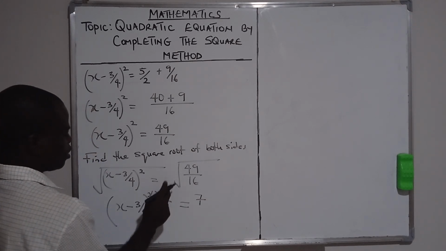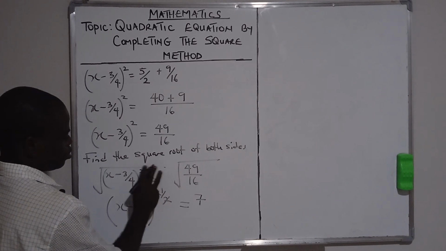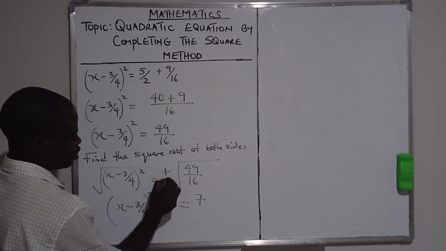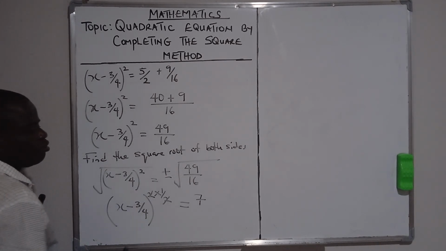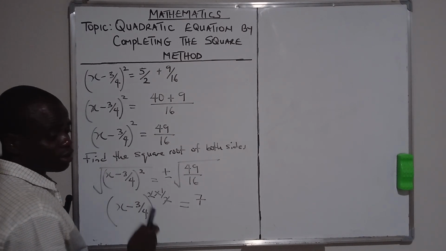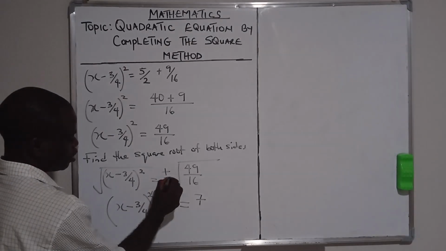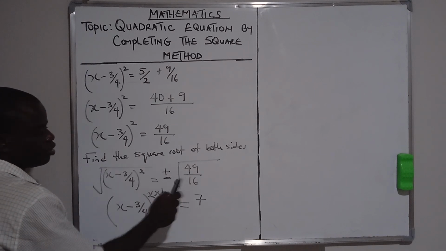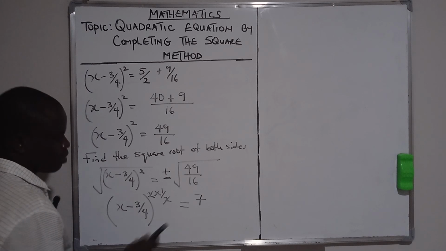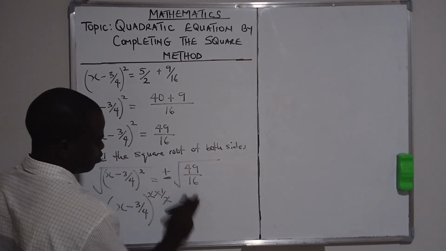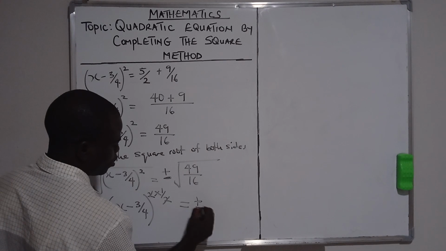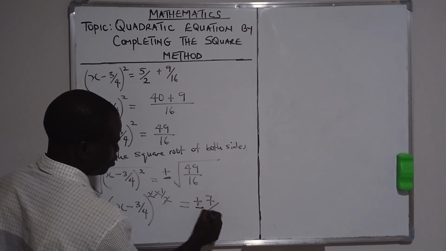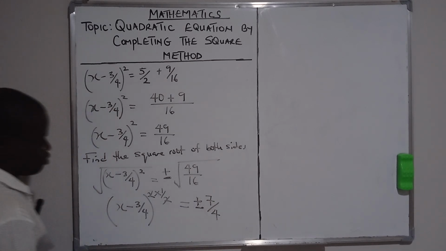Don't forget that when you're introducing square root, you have to put plus or minus. Minus 7 times minus 7 gives positive, and positive times positive still gives positive. That's why you introduce plus or minus. You now have plus or minus 7 over 4.